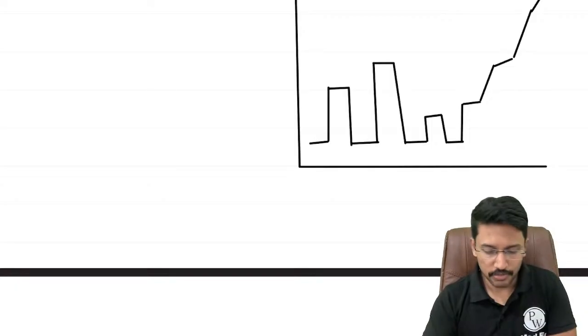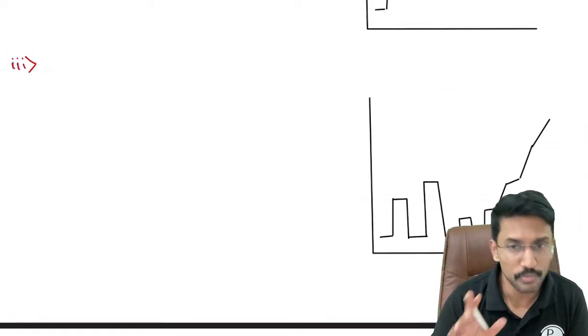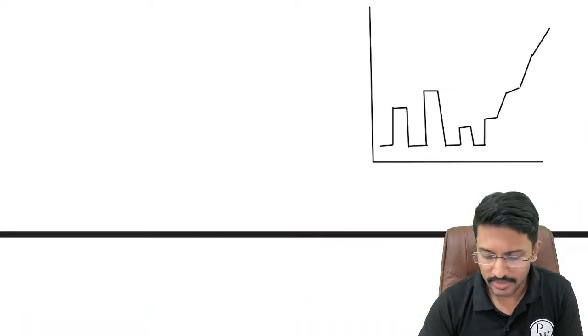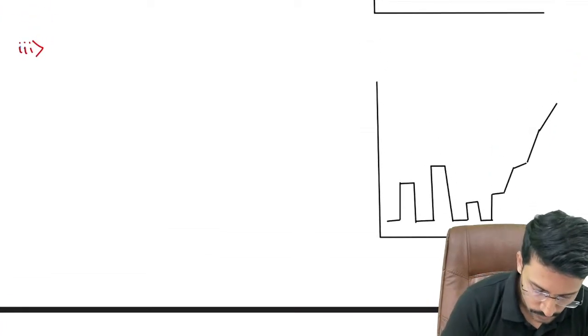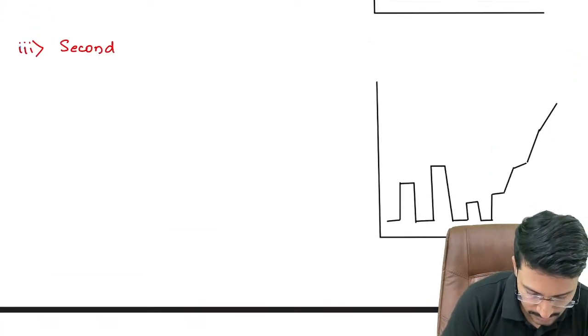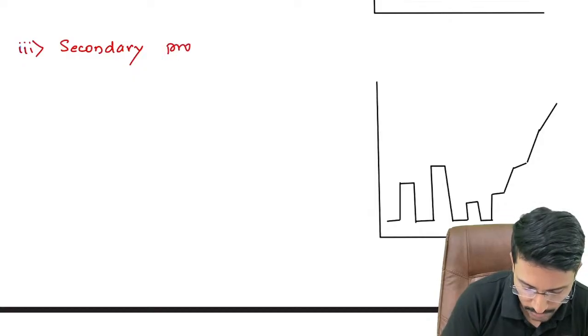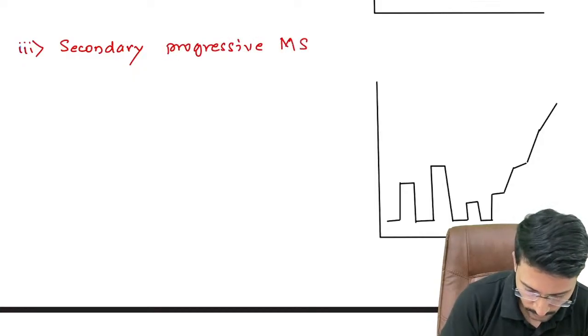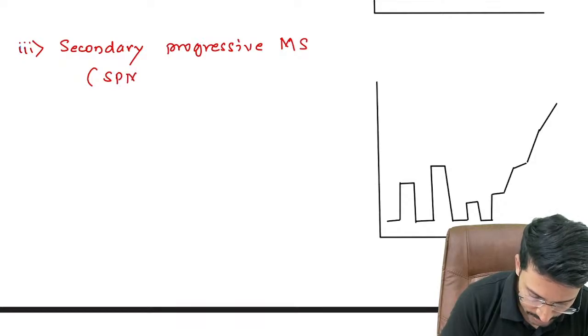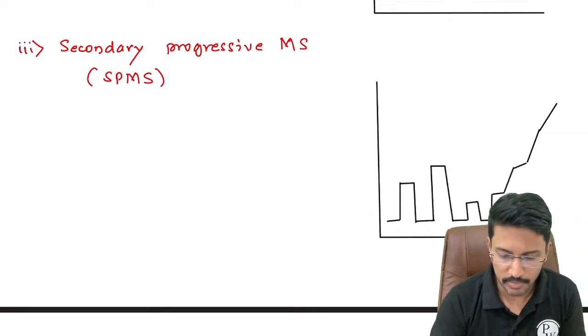Such a picture we call secondary progressive. It means in the beginning it was like relapsing and remitting, but then it started becoming progressive. So we'll call it secondary progressive type of multiple sclerosis, SPMS.